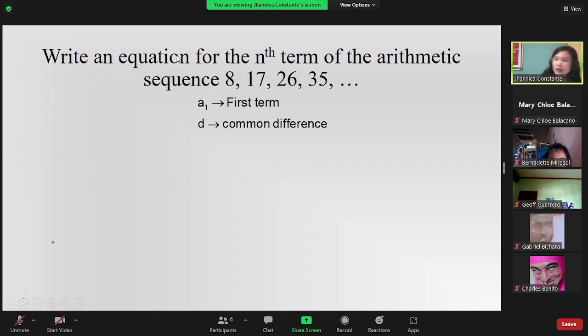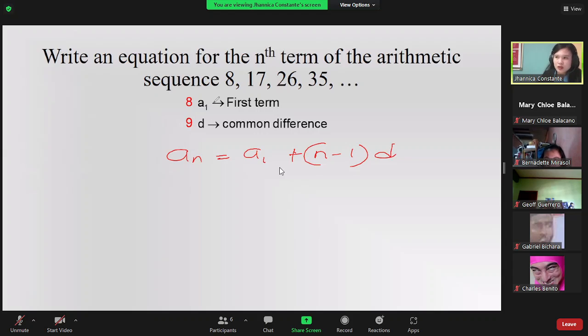Looking at our sequence given in the problem, which is 8, 17, 26, and 35, the first term is equal to 8, and the common difference is equal to 9. Since that is what we have for the value of the first term and the common difference, we can write the equation using the formula an equals the first term plus n minus 1 times d.